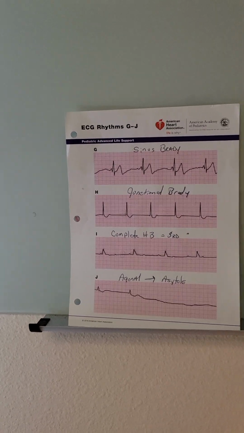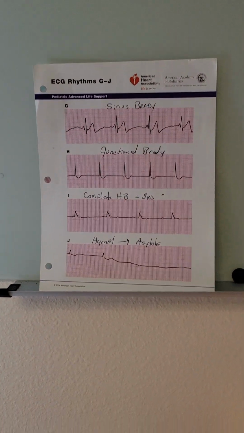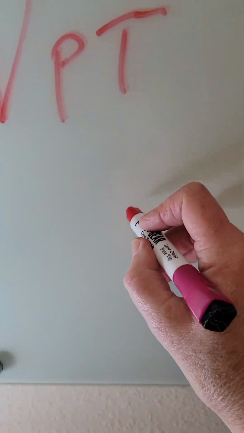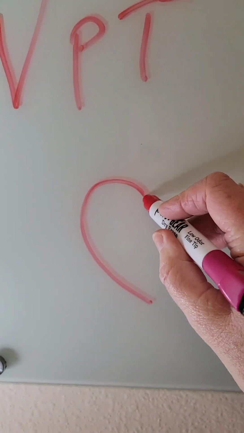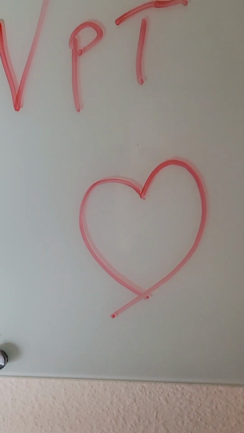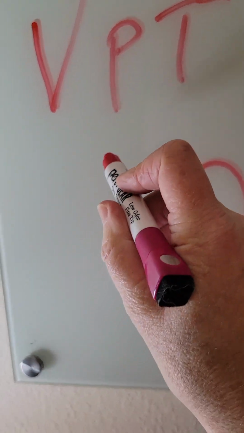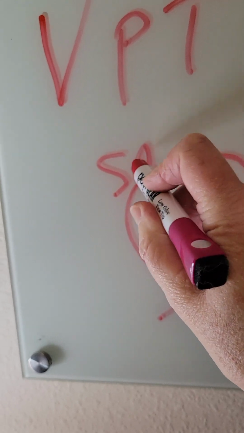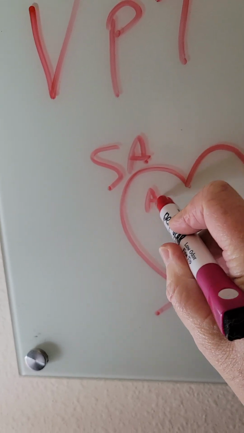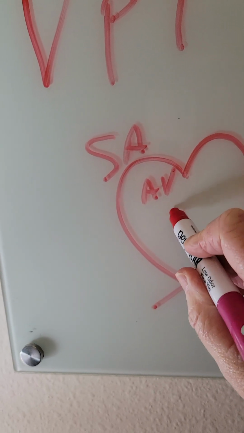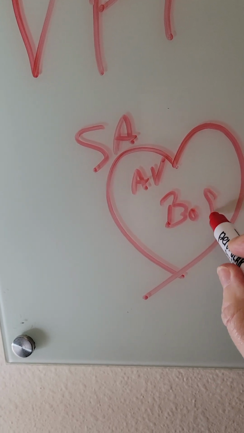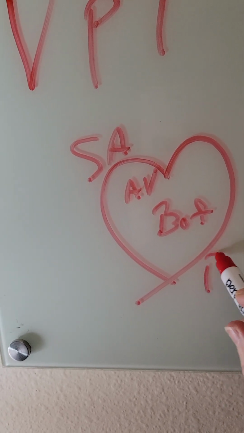This is used really for that AV block. You know what an AV block is? Stop. I know. I'm a great artist. SA node to AV node to bundle of His to Purkinje fibers.